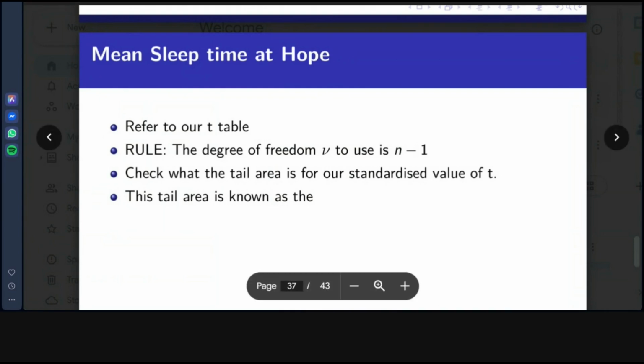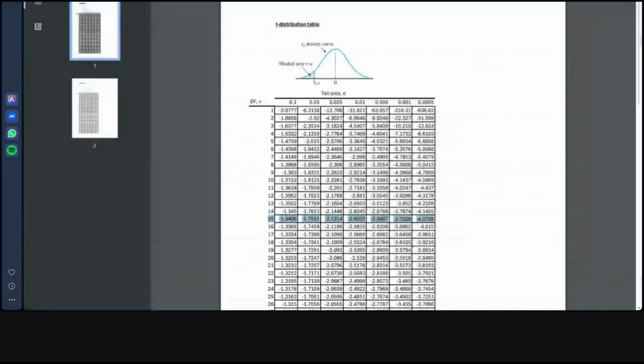Okay, so what was our value of t? Our value of t was minus 2.262, right? So go to the t table and have a look. Where's minus 2.262? You'll find that minus 2.262 is actually between these two numbers. Do you agree? These two correspond to what area? The blue area. Okay, let me just highlight these to see.